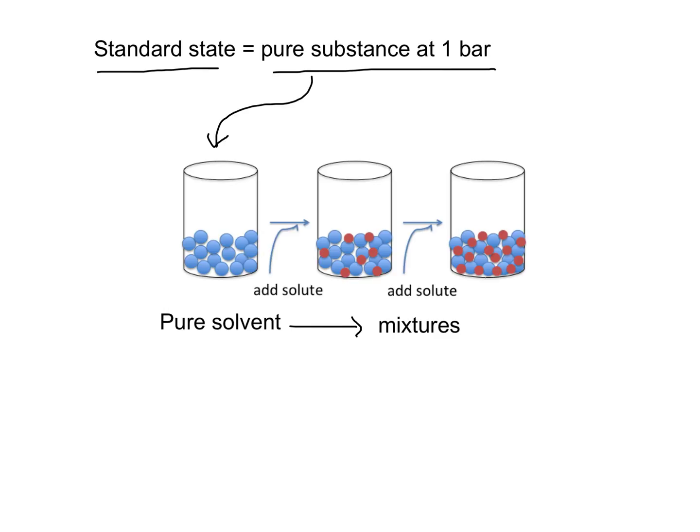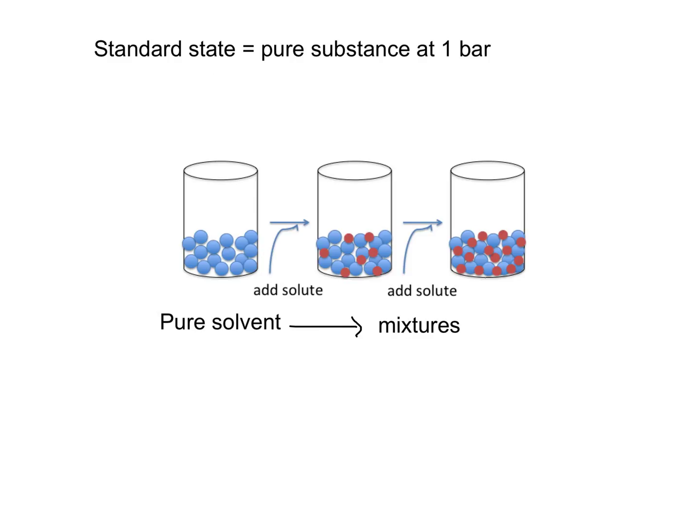Because the solvent is in excess, most of the interactions are still solvent-solvent interactions, although there are some solute-solvent interactions. The majority of the interactions are solvent-solvent interactions, and so the properties of the solvent change continuously as I add the solute. Therefore, it is reasonable to use the pure solvent as the standard state for my solvent in my mixture.